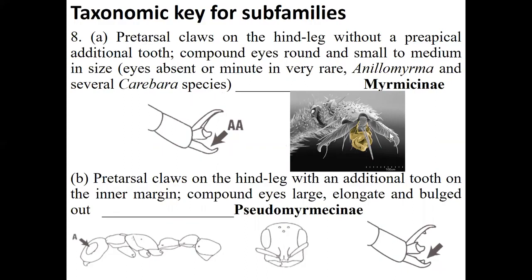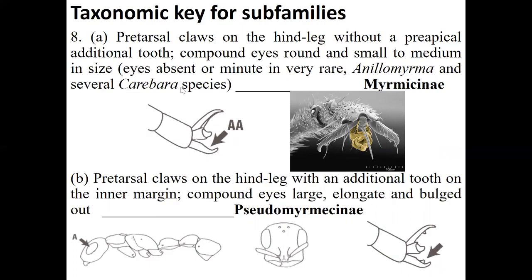This is an image of tarsal claws, right? And then pretarsal claws on the hind leg without the preapical additional tooth. I can't show you the additional tooth, so in here, I show you the additional tooth. In here there is no additional tooth like this, right?